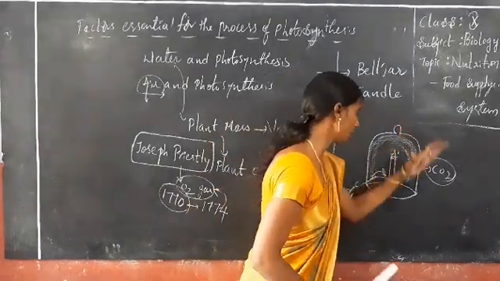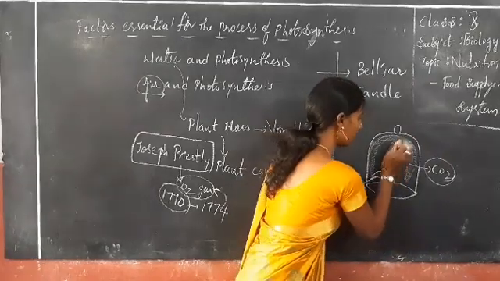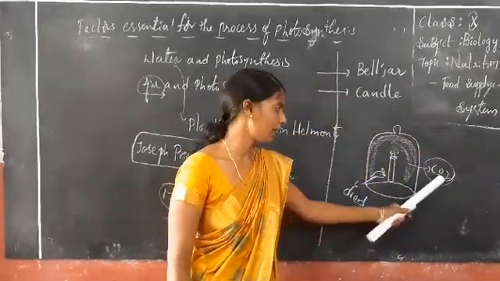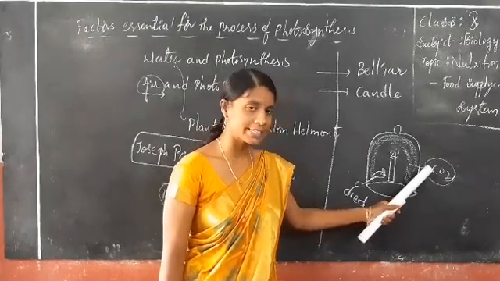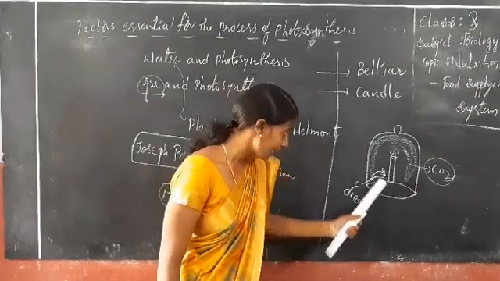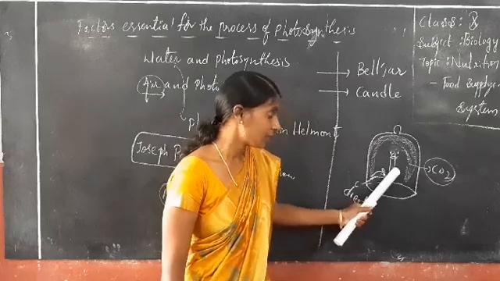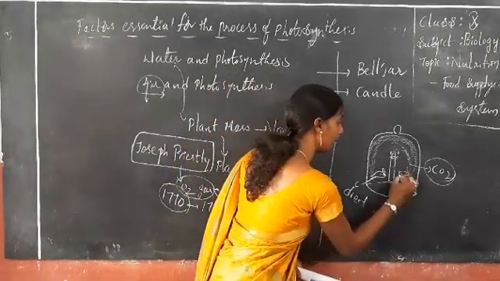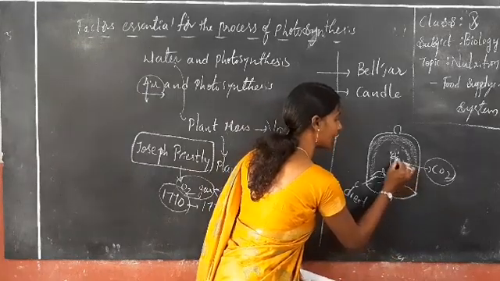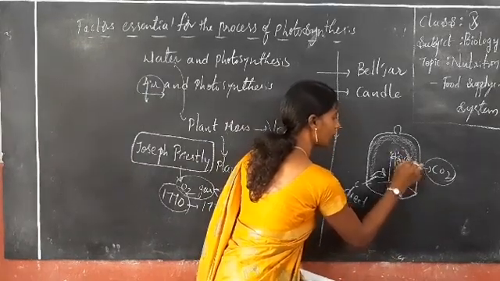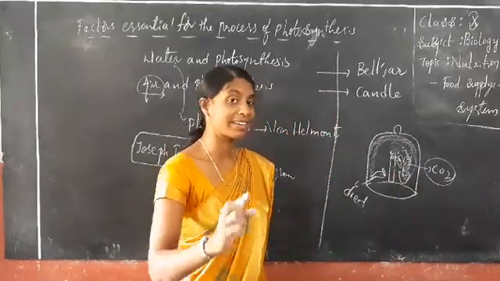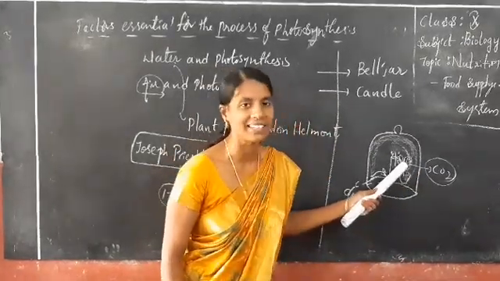The candle also extinguished. Finally, he concluded that carbon dioxide is not suitable for living organisms like the rat, as well as for the candle. Finally, he inserted a mint plant. As I told already in the 6th class lesson, stomata exchange gases, and stomata are present in the leaf only.